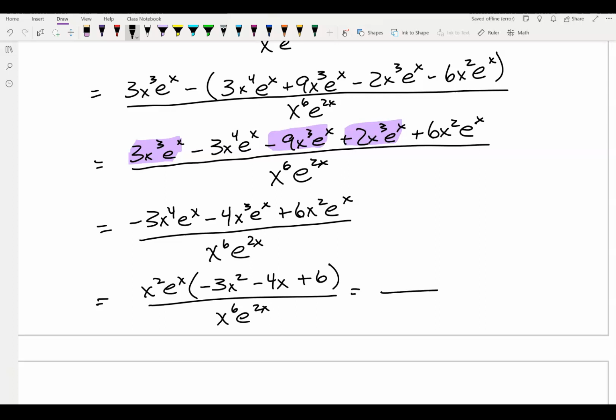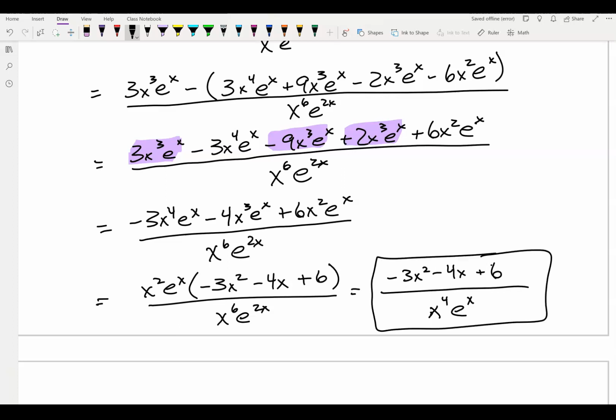We can now simplify on the bottom, right? We can cancel 2 x's, or x squared I should say. We get x to the 4th, and we can cancel e to the x, which is going to give us just an e to the x on the bottom. And on top, we have negative 3x squared minus 4x plus 6, and we will leave it right there.